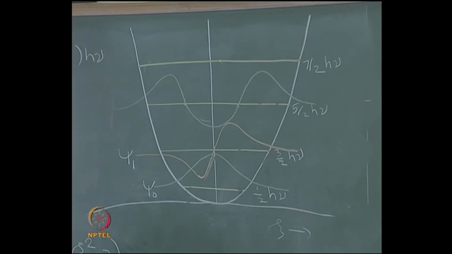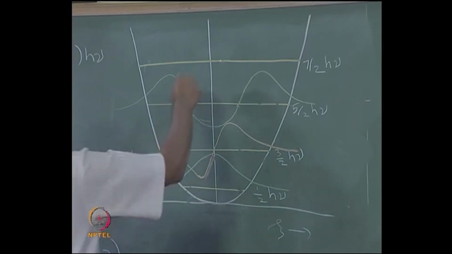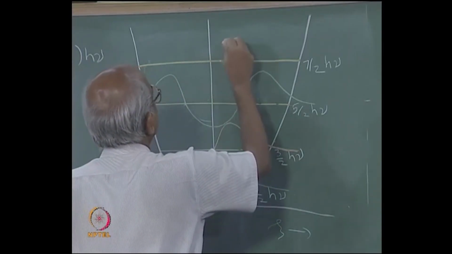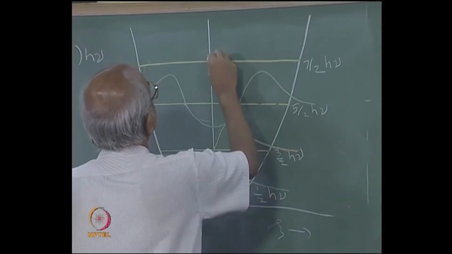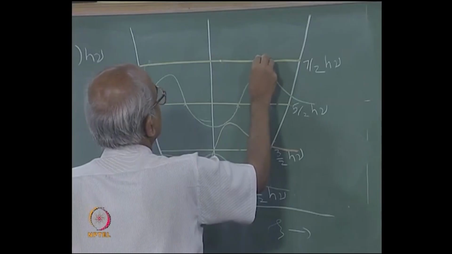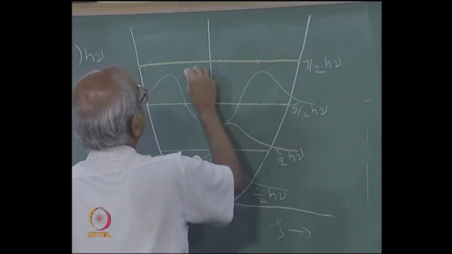With that knowledge, we can now go and draw the next one. I will not try to write the expression. The next one would have 3 nodes, so it is more difficult to draw.